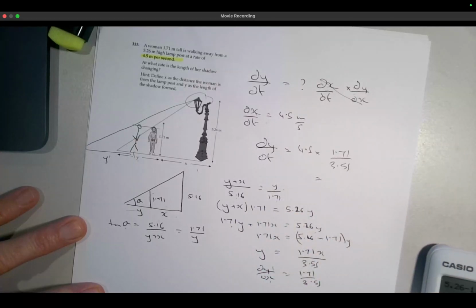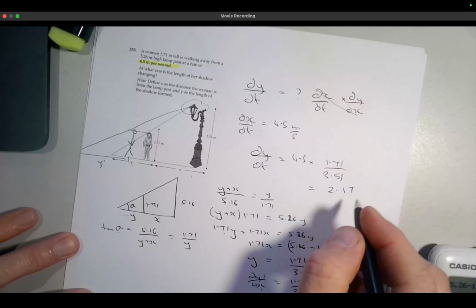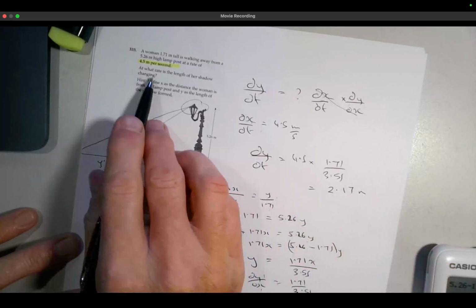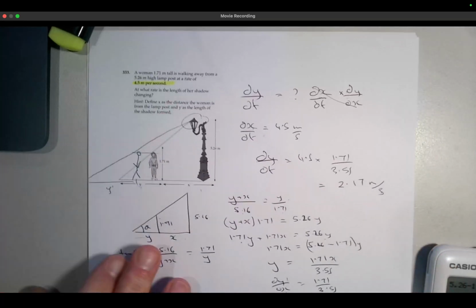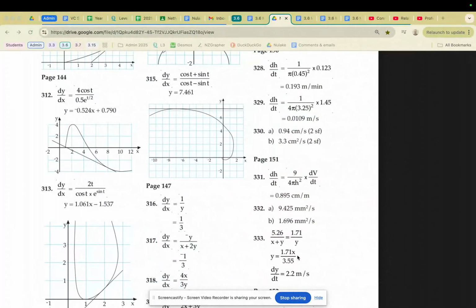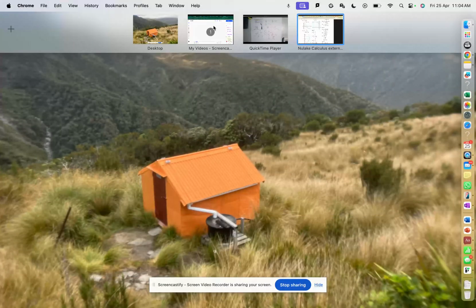And I think the answer came out to be 2.17, and that would be meters per second. Cool, that is the answer. They've rounded theirs to one decimal place.